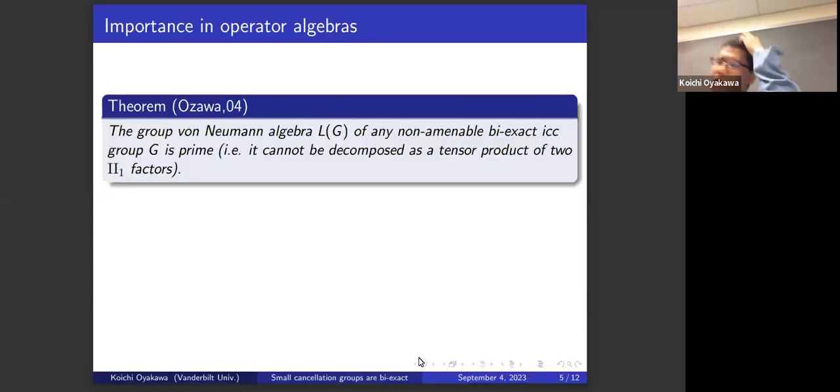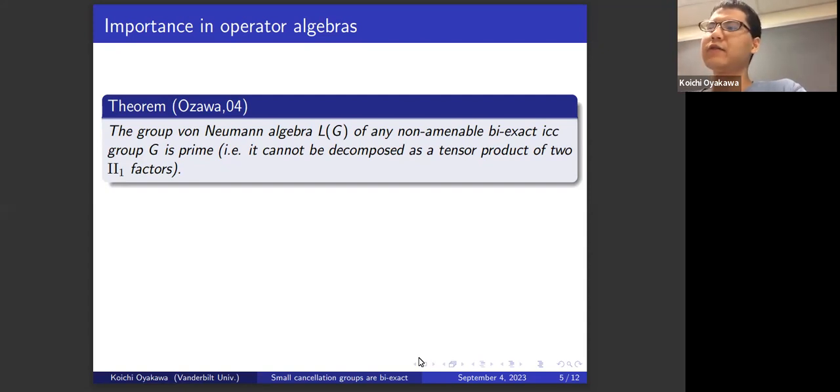And also I should mention that originally, as far as I see on Ozawa's website, before this theorem, there was a famous result that the group von Neumann algebra of a non-amenable free group, or a free group of rank 2, is prime.